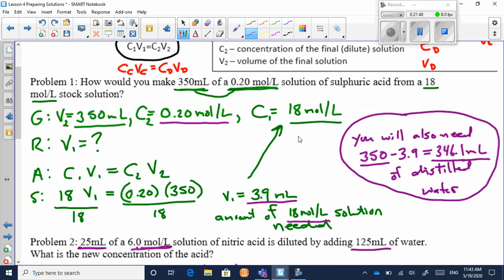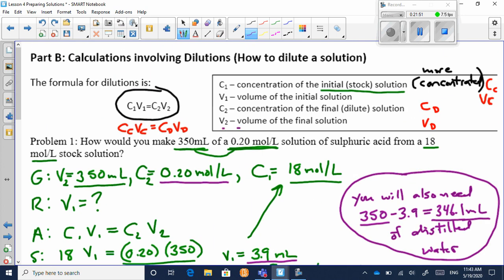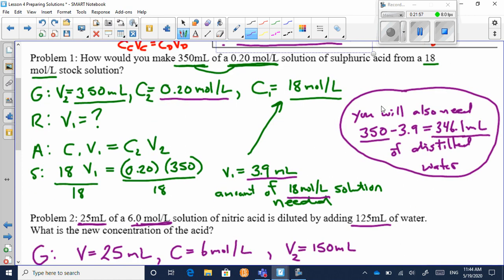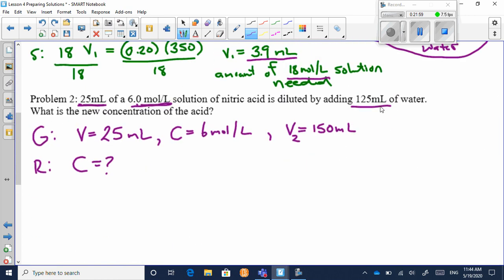Because I remember up here that V2 is always the dilute volume. And so clearly, I'm trying to figure out the concentration of the new one, or the dilute one. So these ones are both C1 and V1. They're the concentrated values.